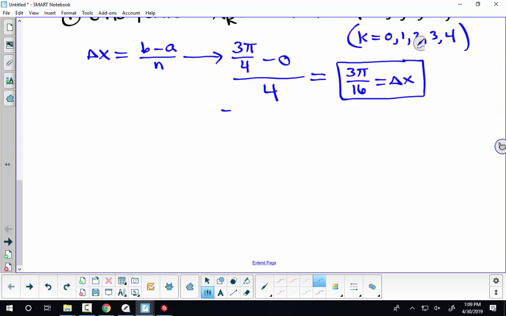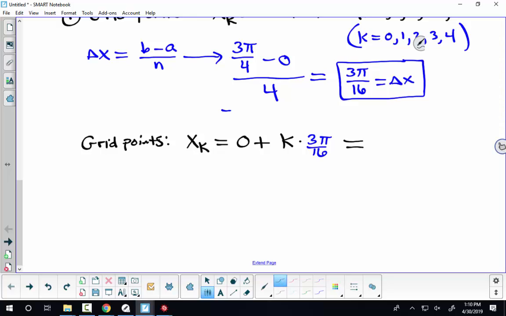Okay, so let's find our grid points. We have x sub k, and the k is what varies here. A plus k times delta x, which we just found to be 3 pi over 16.